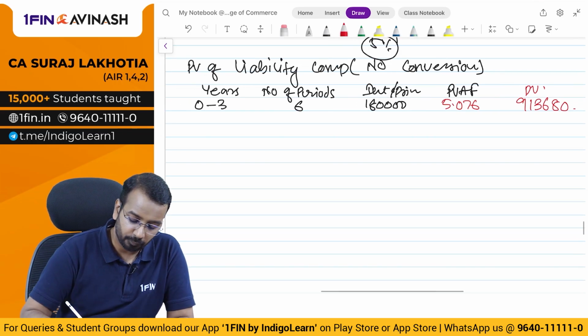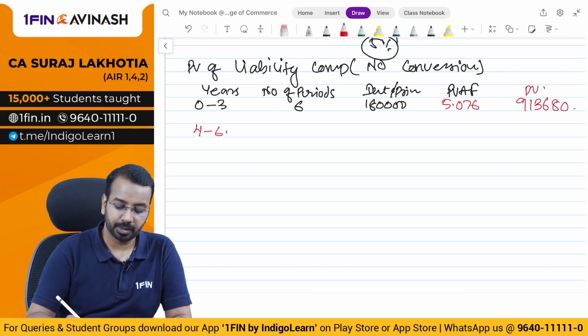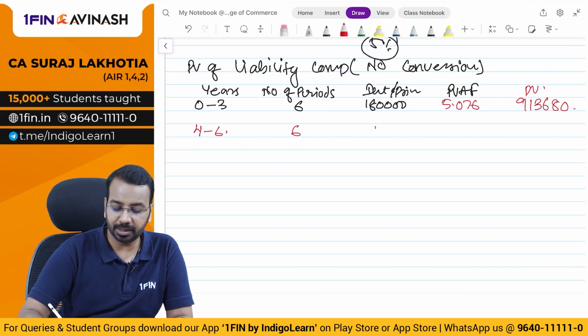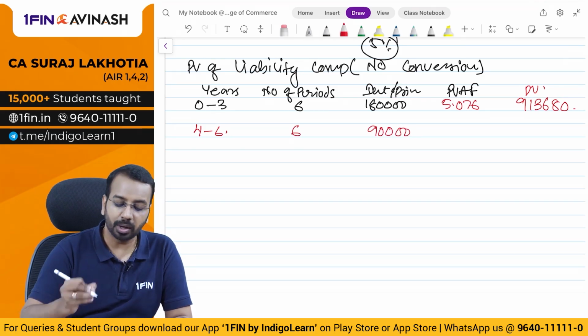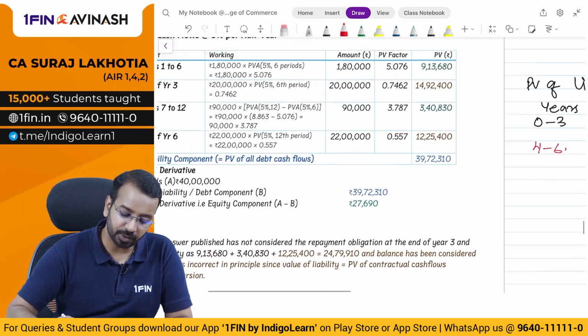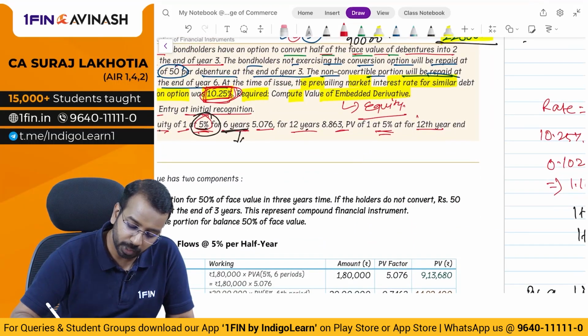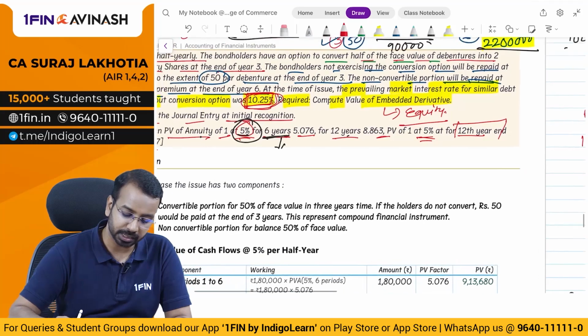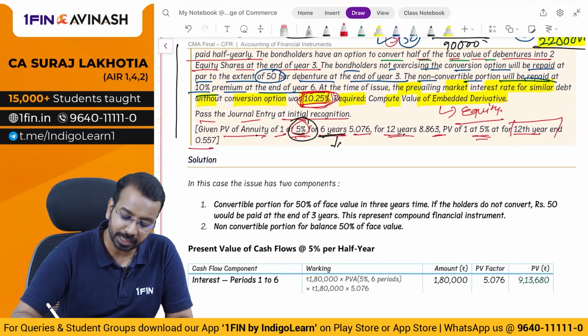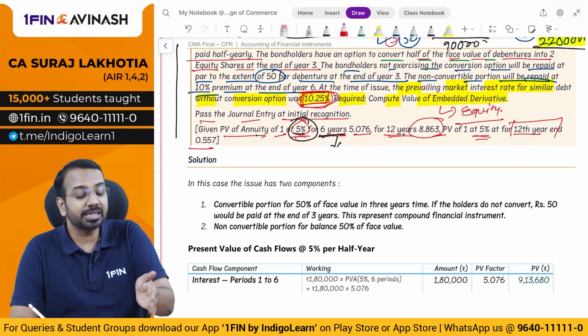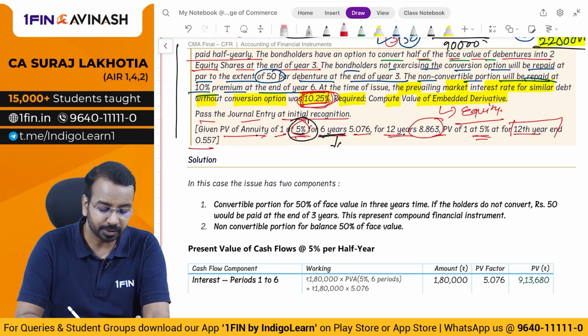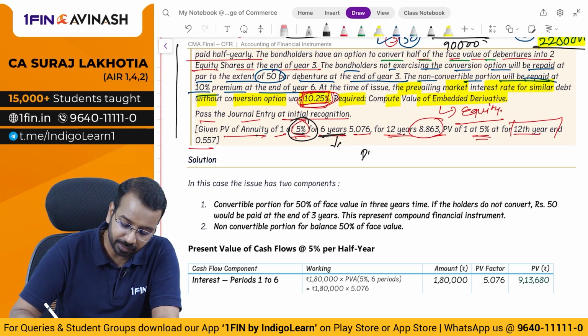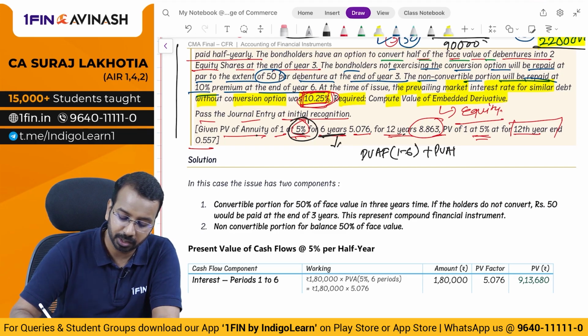Then for year 4 to 6, how many periods? 6 periods. What is the interest paid? 90,000. What is the present value annuity factor? Now they have given the present value annuity factor for 12 years, 8.863. Have they given us the annuity factor for 7 to 12? No. But with annuity, how it works is the present value annuity factor of 1 to 6 years plus the present value annuity factor from 7 to 12 is equal to the present value annuity factor of 1 to 12.